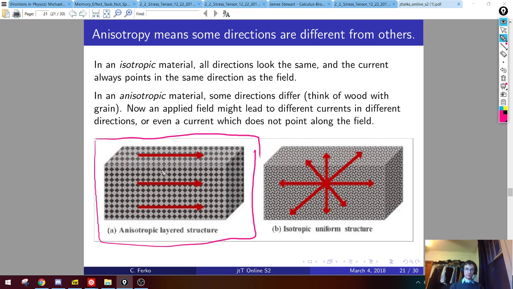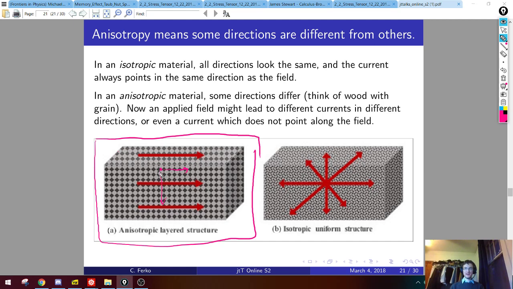If you're sitting at a point in this anisotropic material, say this point here, two directions look very different to you, because if you move to the right, then you are moving between these black regions, which could be, say, holes or grain. If you imagine this as a piece of wood that has some grain in it, the grain picks out a particular direction. If I move to the right, I'm moving between these black squares. If I move down, I stay within these gray squares.